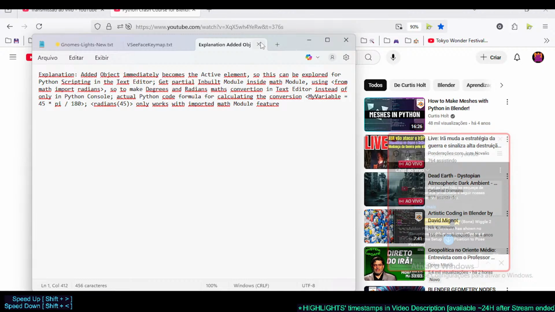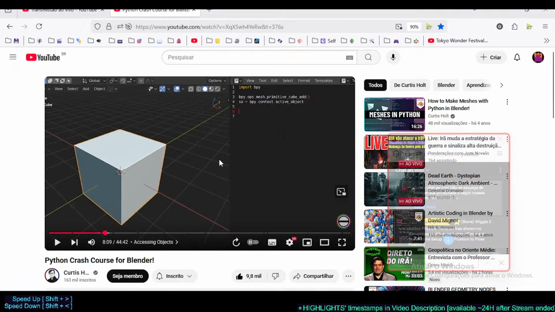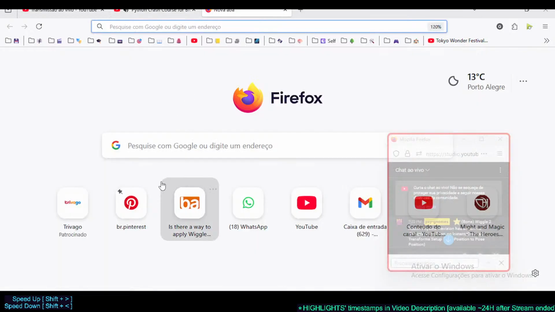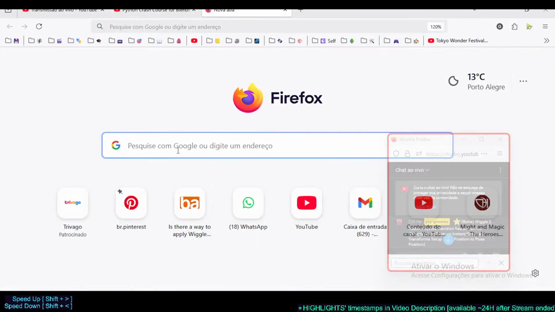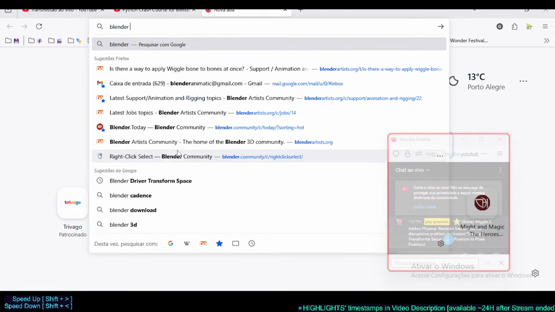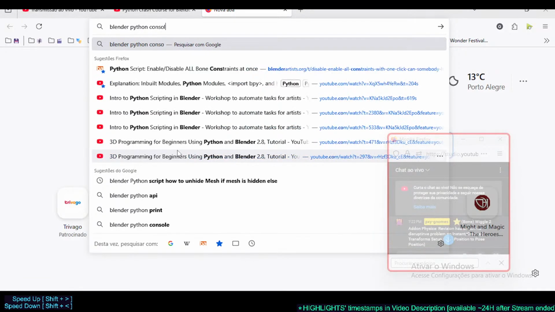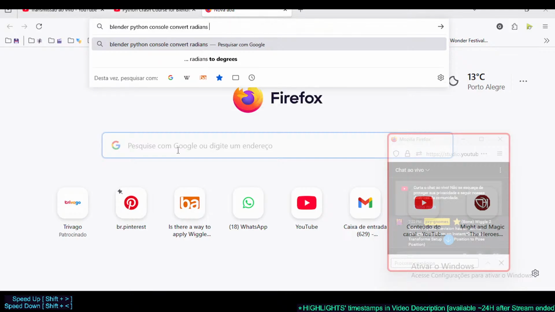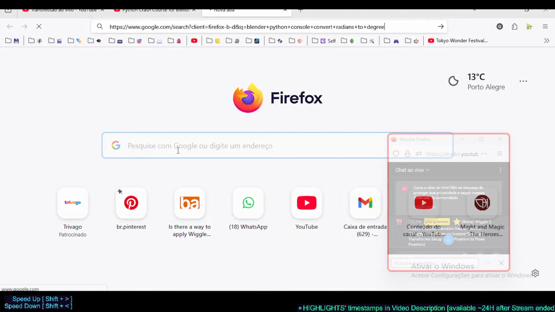Yeah, but all this is not really helping because I want just the calculation. So it's the Blender Python console convert radians. It's just one single code to degrees or something like that.